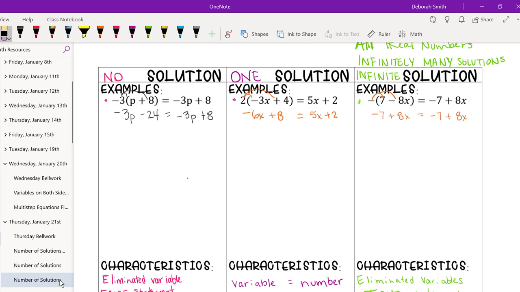Okay, so look right here. Let's look at this no solution right here. So I've distributed. You got to distribute, and then if there's some like terms on the left side you need to get together, then you got to do that.